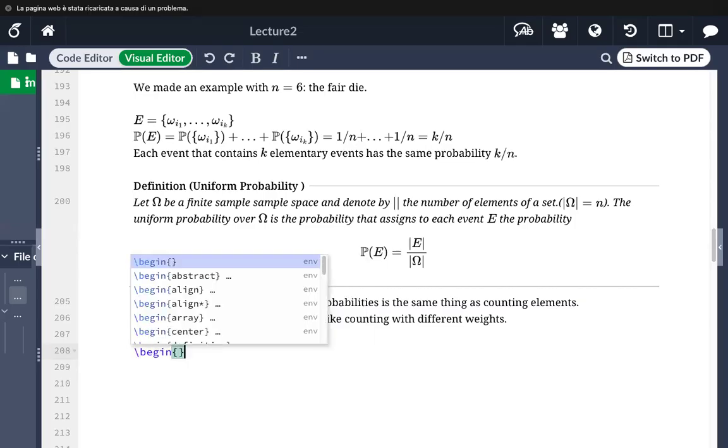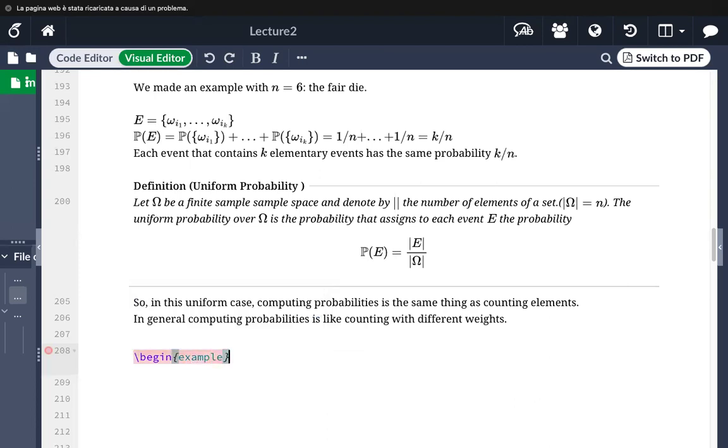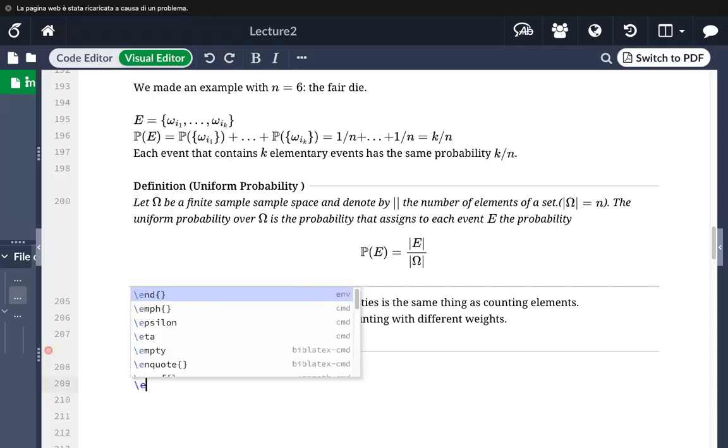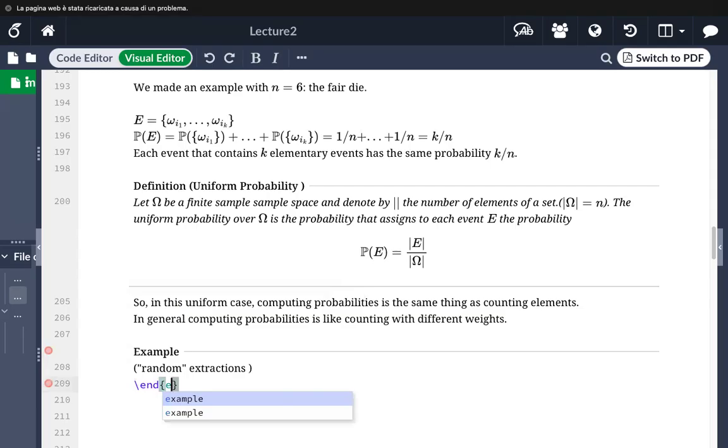Random goes between quotation marks, because let me state what these extractions are.